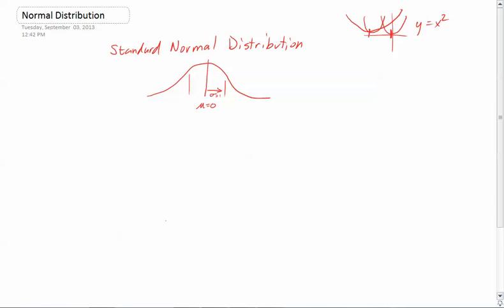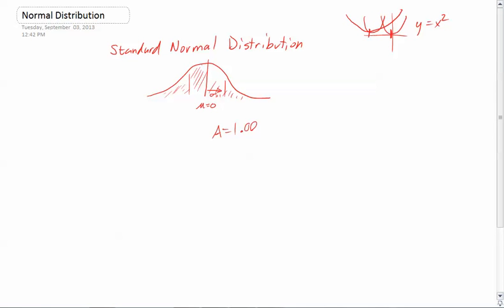Now, the other thing that's interesting is if you were to take this curve and add up all of the area, like if you were just to make little boxes and find the area of those little boxes and add them all together, the total area for a standard normal distribution would be 1. And that's why if the whole area is 1 or 1.00, that's 100%.